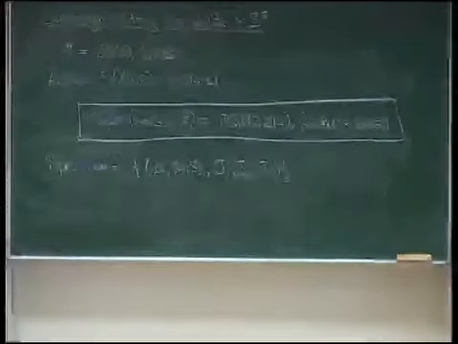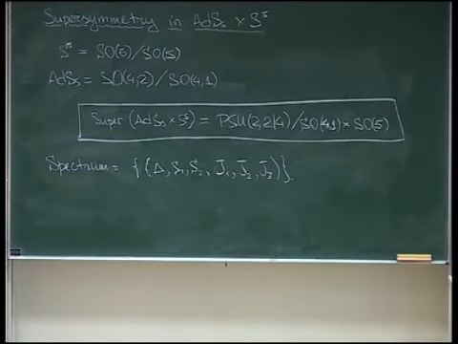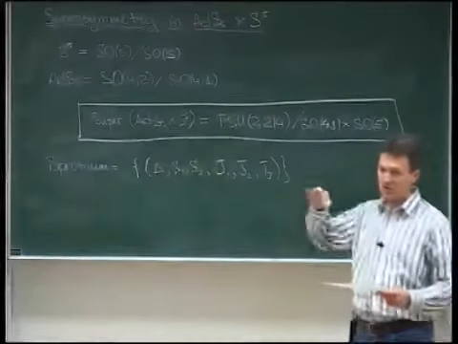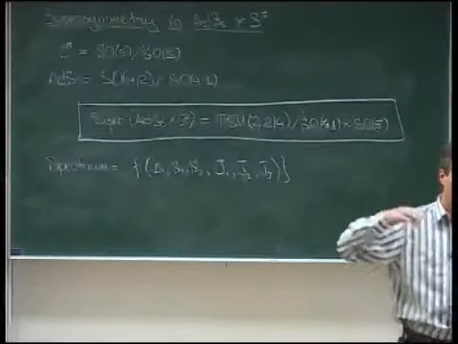So the question is how to find this spectrum on both sides and to see how the spectrum interpolates from weak to strong coupling.